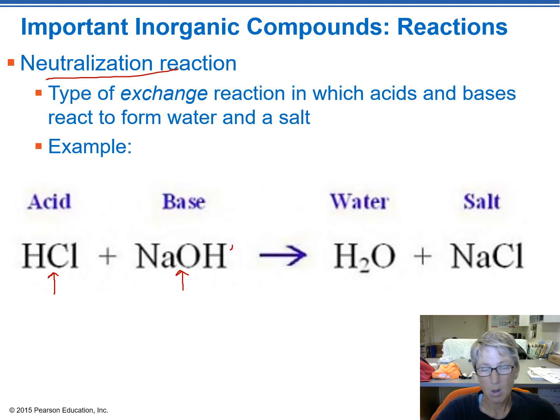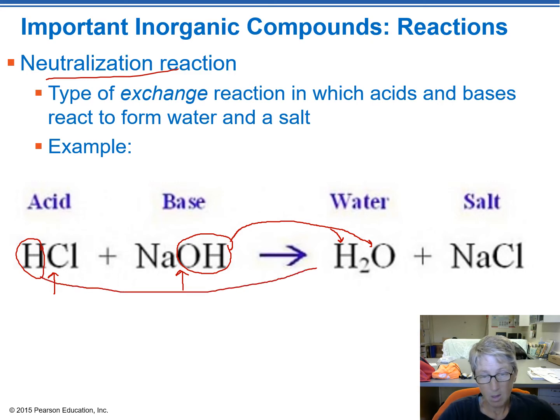So this OH from the base, that one oxygen goes here, and one of the hydrogen from the hydroxide ion group goes there, and then from the acid, the H in the HCl is the other hydrogen.